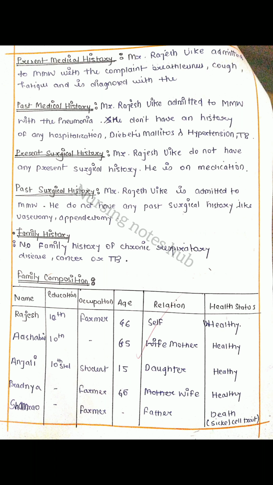Then comes family composition, like how many members he has in the family. For example, 4 to 5 members, a nuclear family. Then we will make a chart in which we will write the names of the family members and their education, their occupation, their age, their relation with the patient, and then their health status.